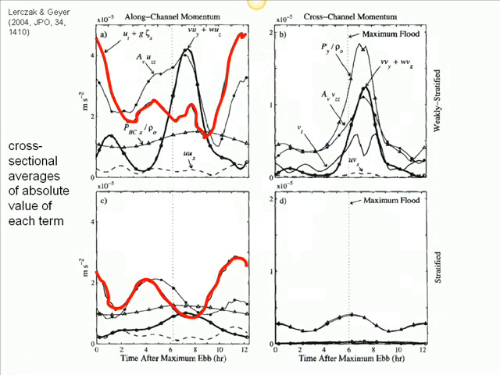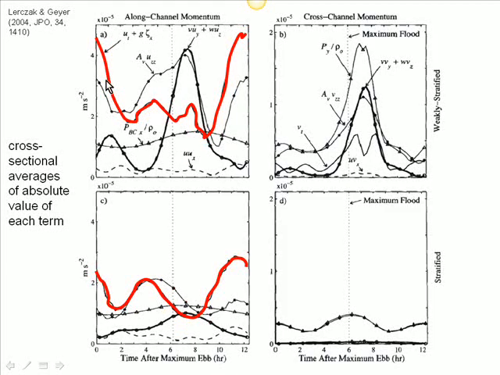Now we're looking here at cross-sectional averages of the absolute value of each term in the momentum balance as it changes throughout the tidal cycle, which is the x-axis, 12 hours, or a little more than 12 hours. So maximum flood is right around here in the middle, where the broken line is, and maximum ebb is at time zero.